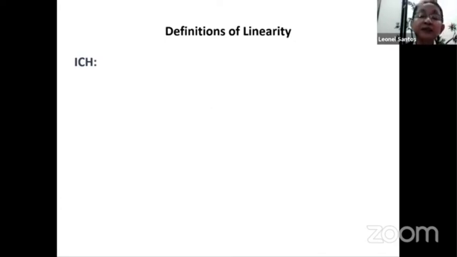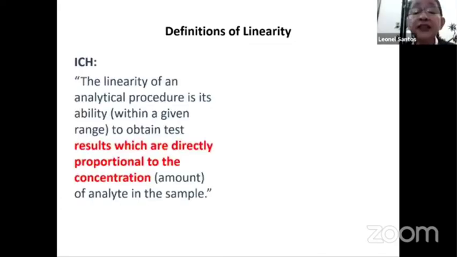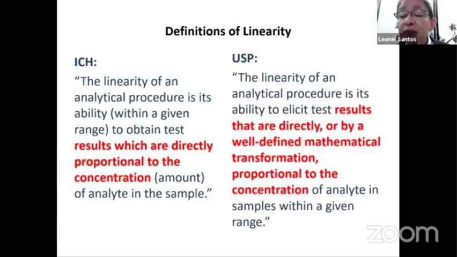So the definition of linearity between ICH and USP is the same. These are results which are directly proportional to the concentration. However, USP has a little bit of additional terminology, because these are results that are directly proportional or proportional by a well-defined mathematical transformation. So at times, you may need to transform some of the signals or the concentration, for example, in terms of logarithmic.